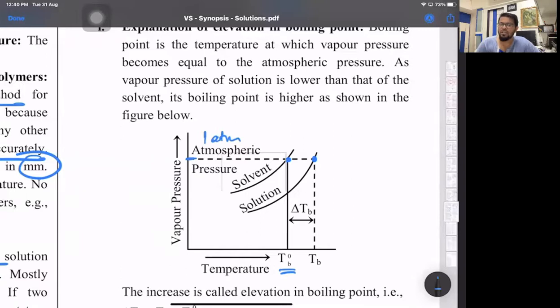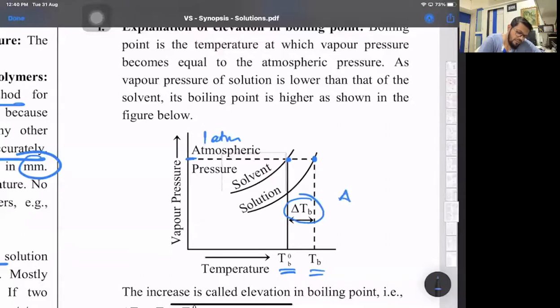Why? Because in a solution, solvent particles are trapped by the solute, so we have to supply more temperature so that the boiling point increases. So a solution will always have a higher boiling point as compared to a pure solvent. That temperature is TB, when its vapor pressure becomes equal to 1 atmosphere, and this difference is what I call delta TB.